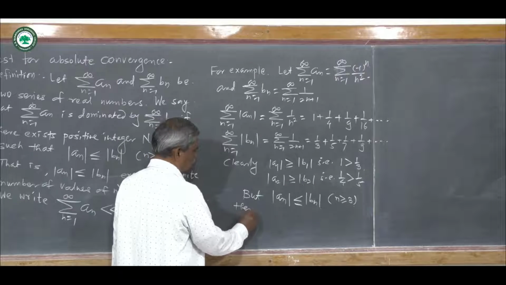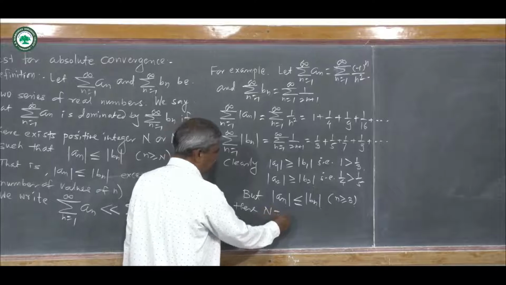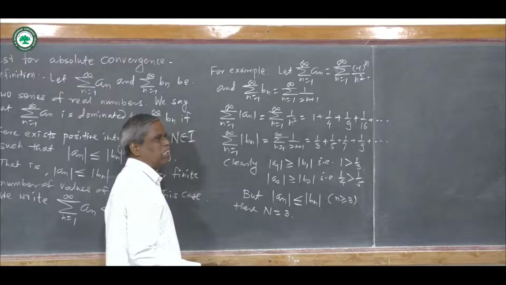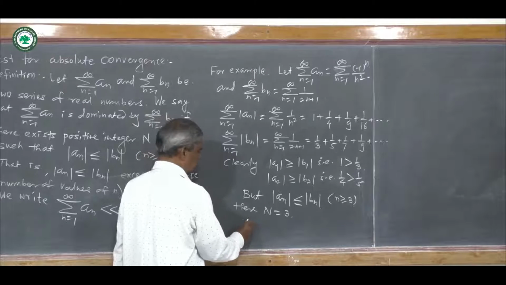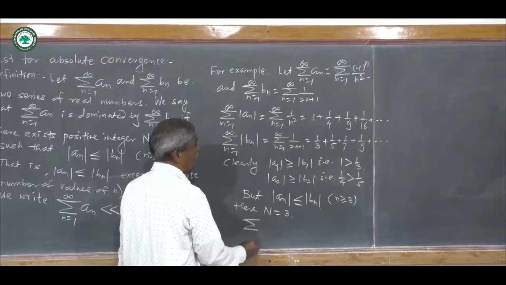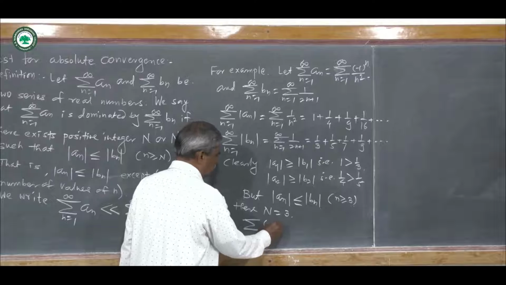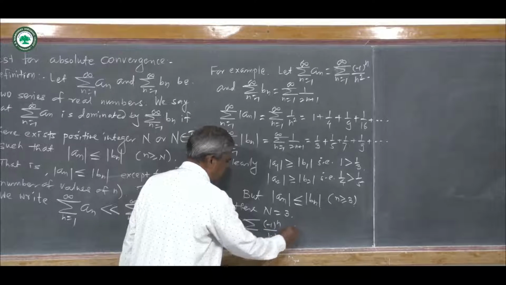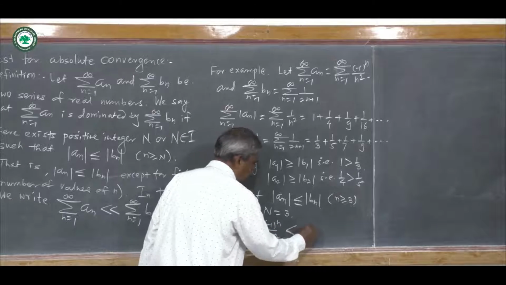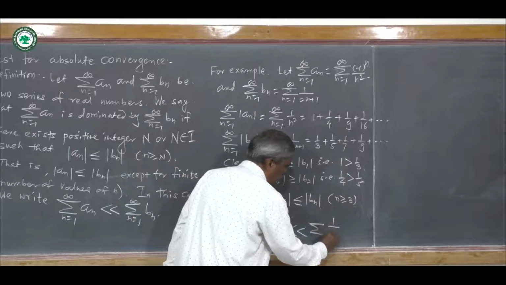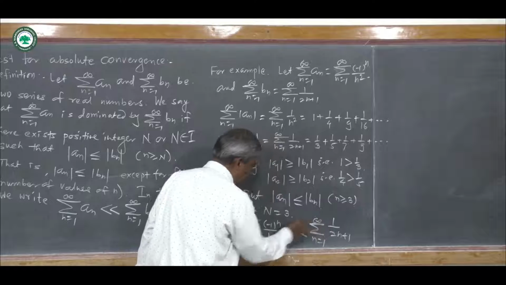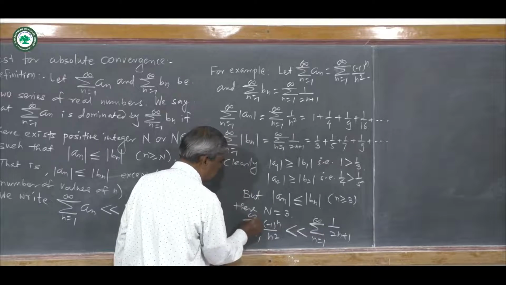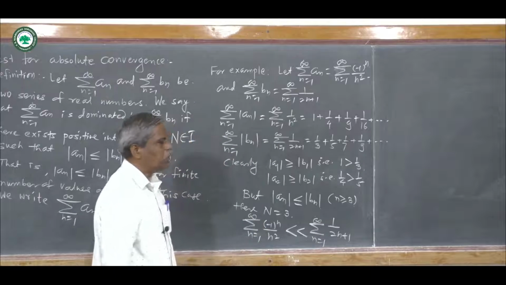Here capital N is equal to 3, positive integer is 3.